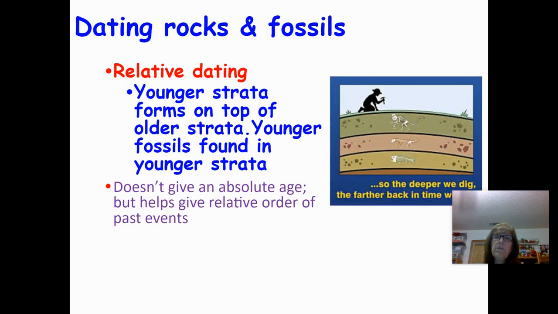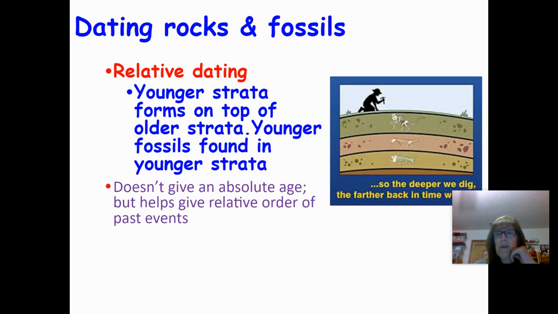And so, talking about dating rocks and fossils, in our next section you're going to be watching a film in which these people are looking for stickleback fish, and you're going to see how they have identified how old various layers, or strata, of the Earth are, and then from each of those strata, they're able to pull out fossils of fish that have been bedded in these rocks, and they're able to determine how old they are based on what is called relative dating.